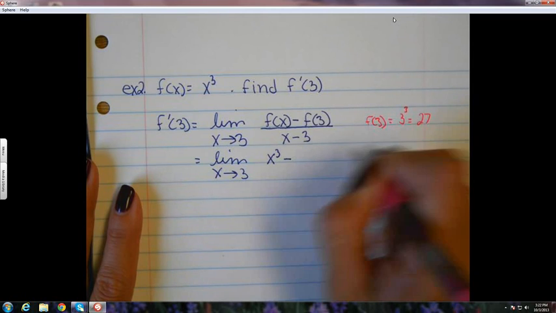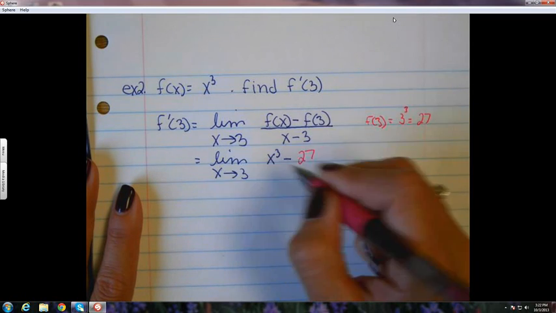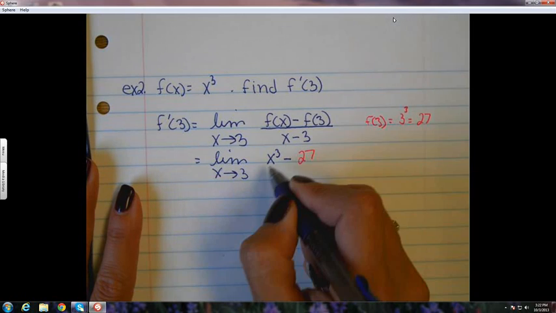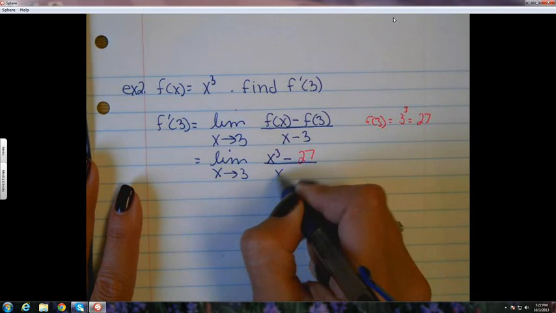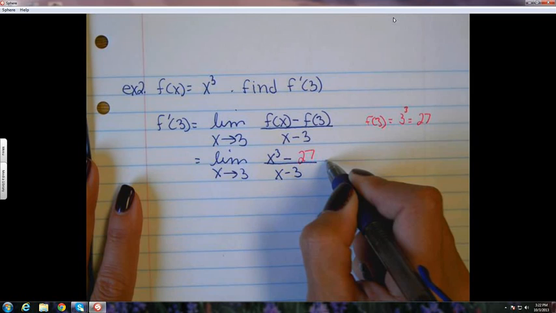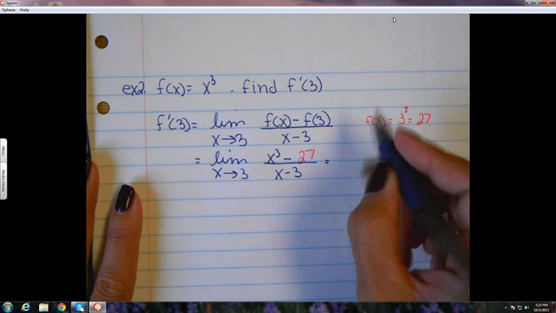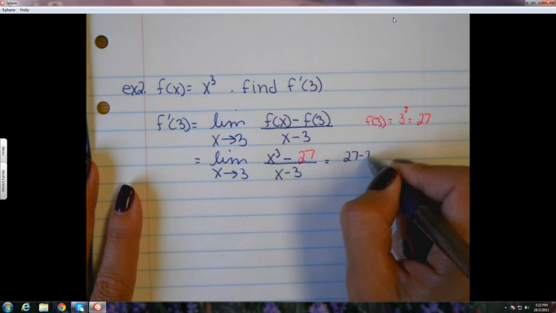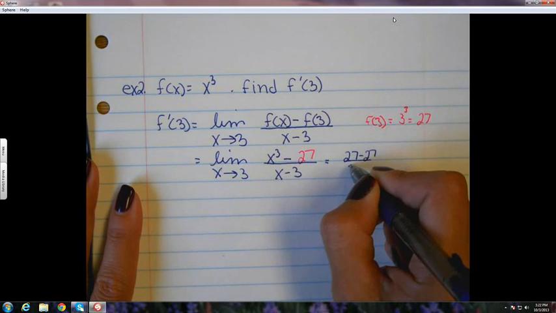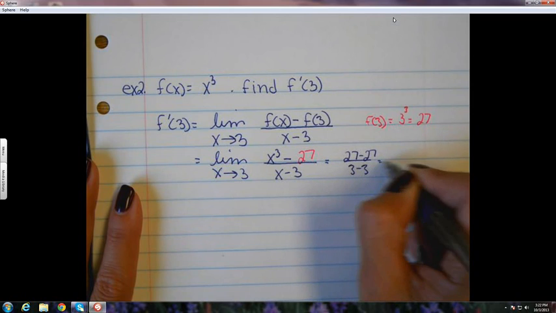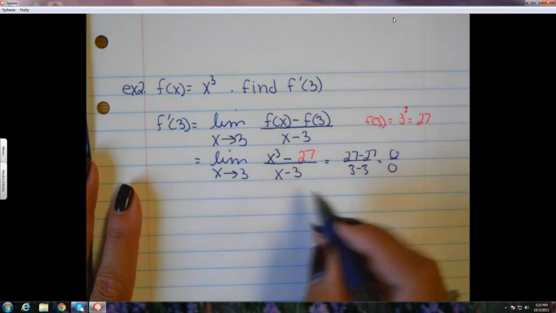I'm subtracting 27, not the 3. All over x minus 3. Ready for the limit. If I plug 3 in, I'll get 27 minus 27 over 3 minus 3. That's that 0 over 0, so we have to factor.